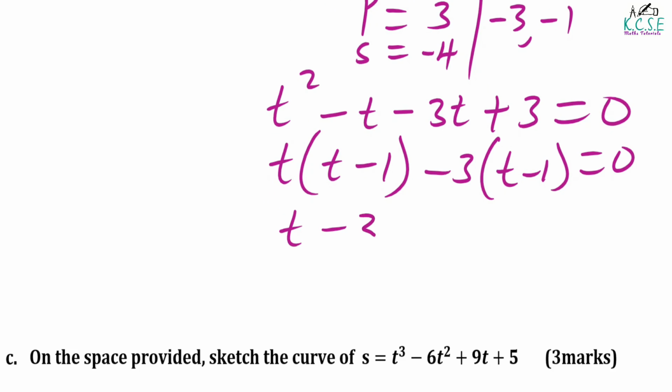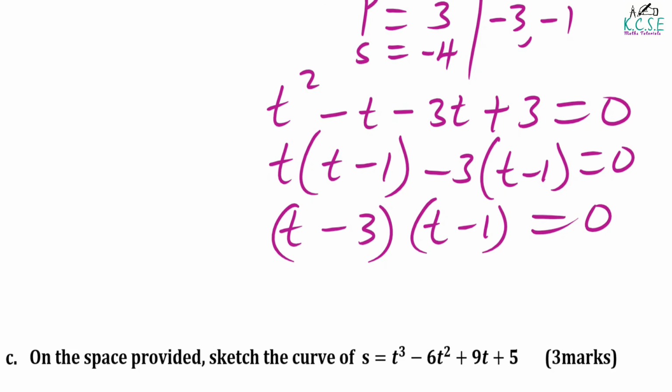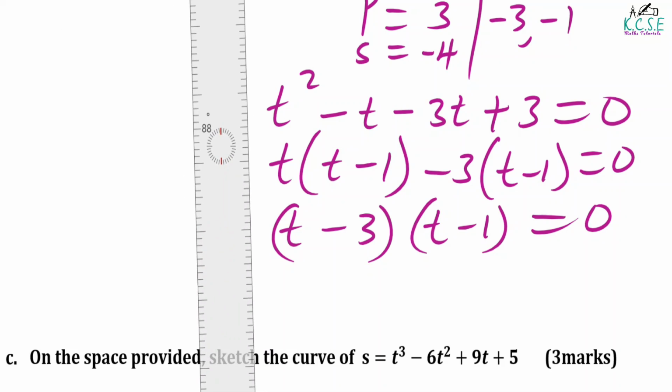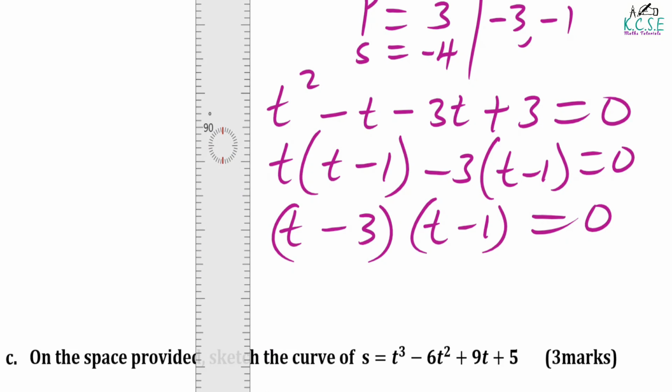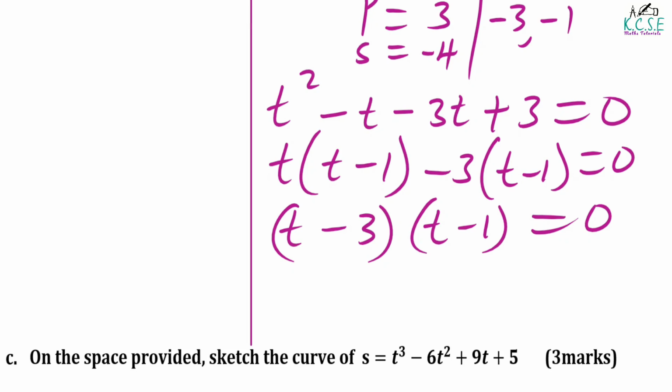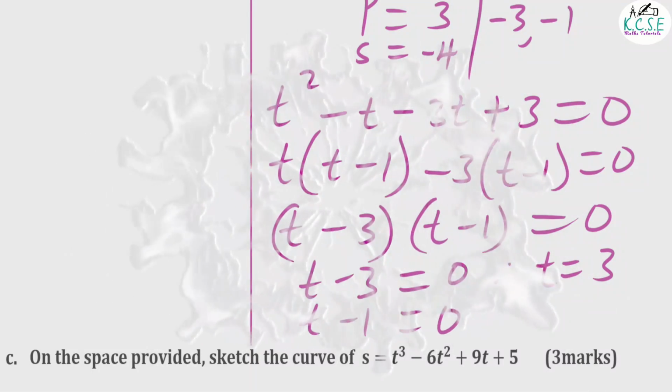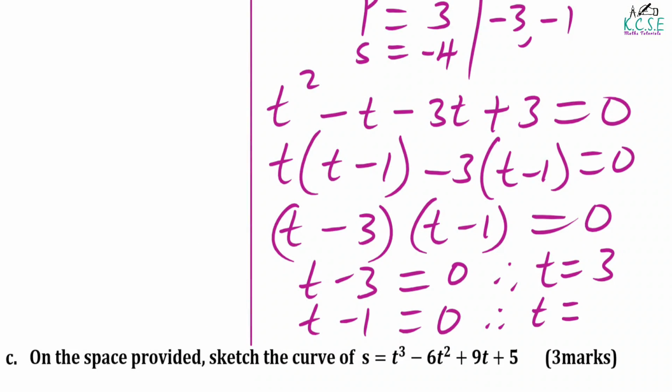So t minus 3, t minus 1 is equals to 0. So you get two values of t in this case. These values are t minus 3 is equals to 0, so in this one you get t is 3, or t minus 1 is equals to 0, here t will be 1.